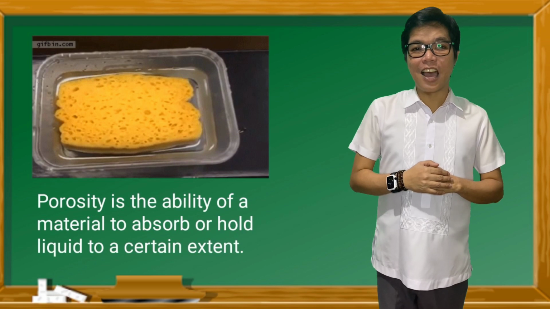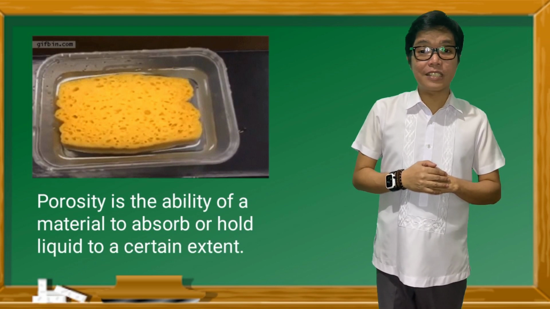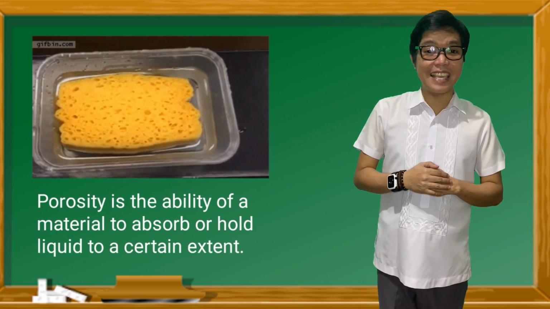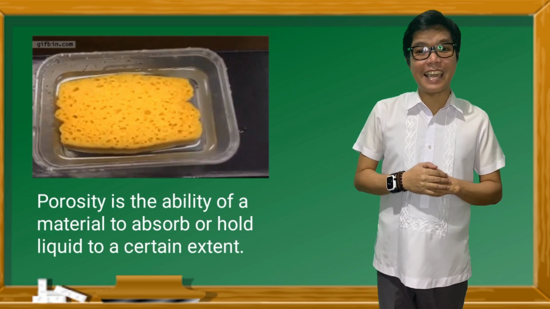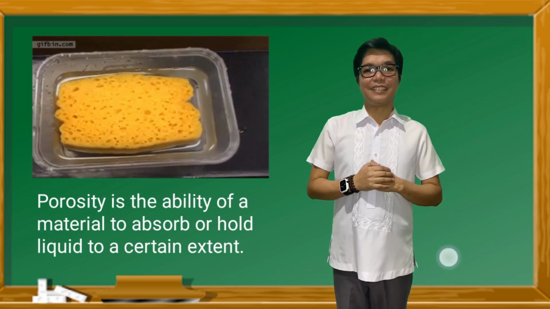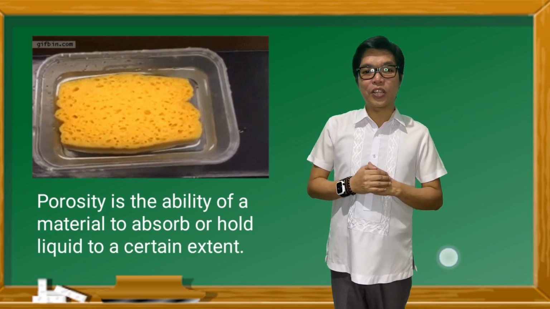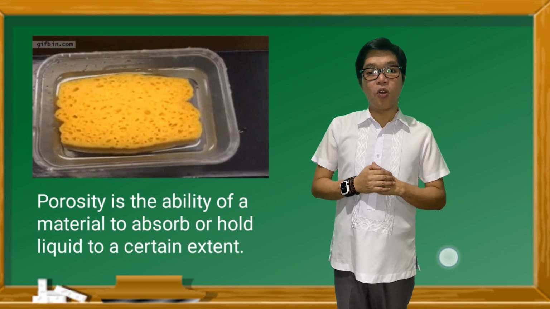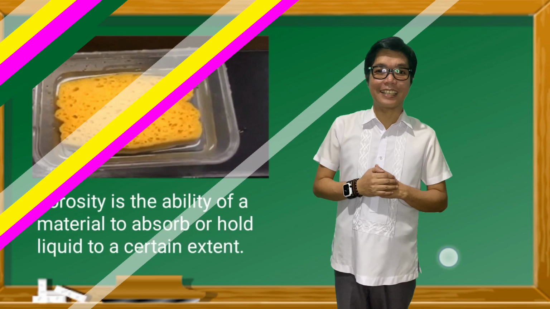Absorbent materials are normally seen in objects with a lot of holes that allow liquid to get inside the materials and occupy the spaces in it. This property of materials is called porosity. Porosity is the ability of a material to absorb or hold liquid or moisture to a certain extent.